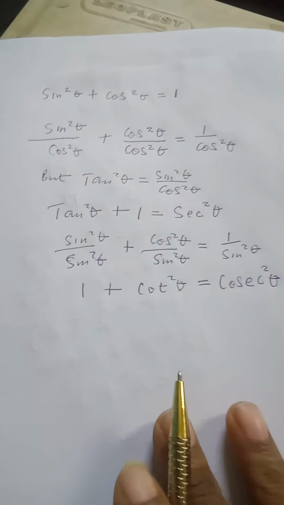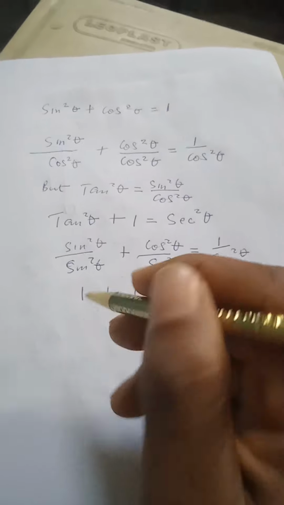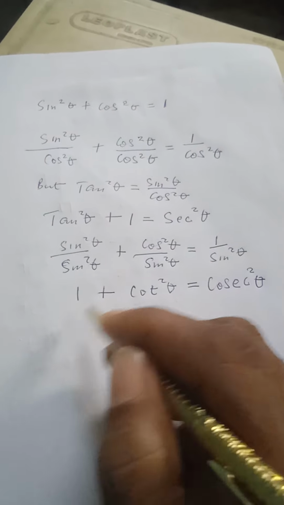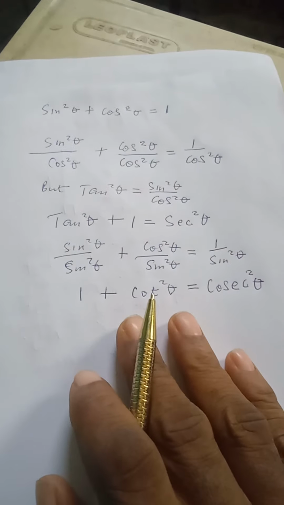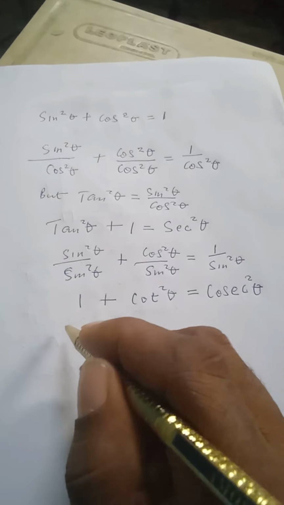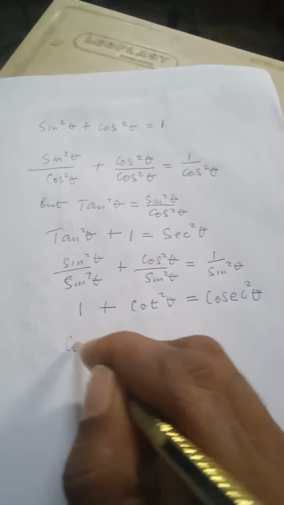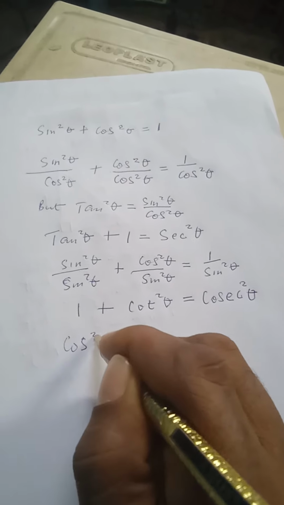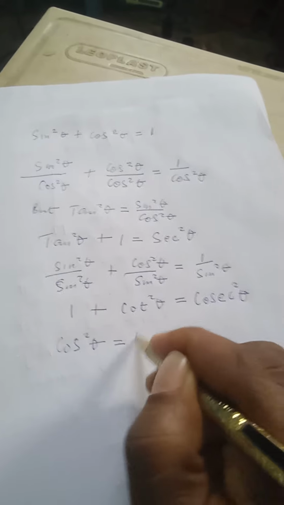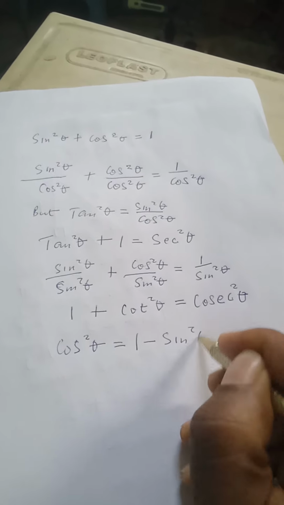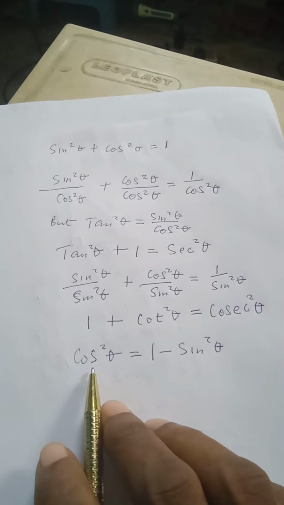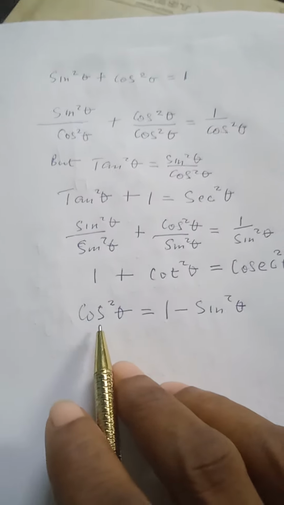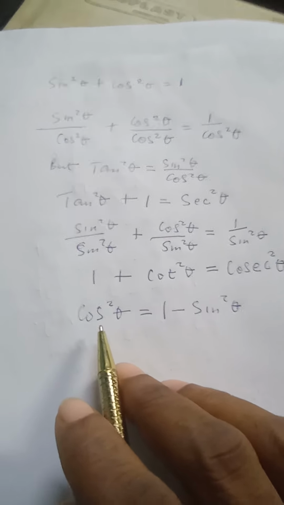Now, we can also make use of the equations of these identities, like cos square theta is equal to 1 minus sine square theta. That will help us simplify complex trigonometric ratios.